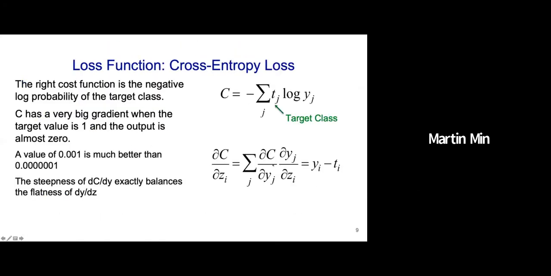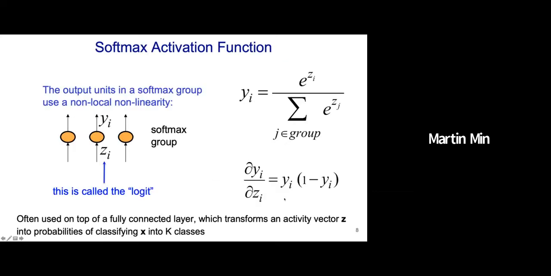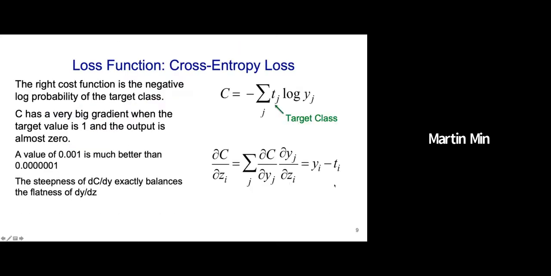When you multiply them together, you can see that some terms will be canceled out, and finally you will get y_i minus t_j. So the cross entropy loss on top of the softmax output unit has a very nice interpretation, because C will have a very big gradient when the target value is 1 and the output is almost 0.